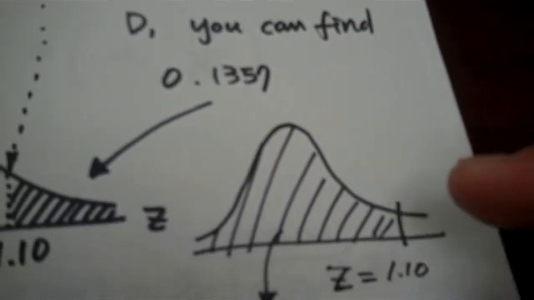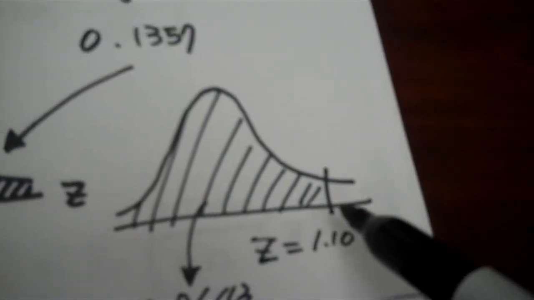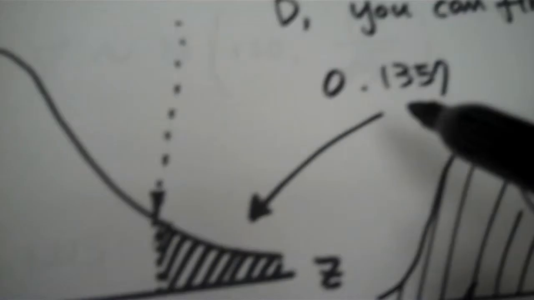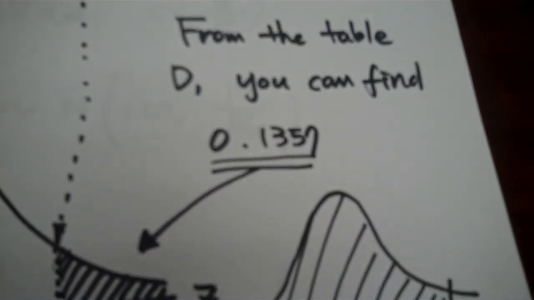So we get the number we want by taking 1 minus 0.8643, which is 13.57%. We just subtract this area from the table from 1, and that gives you the answer, 0.1357.